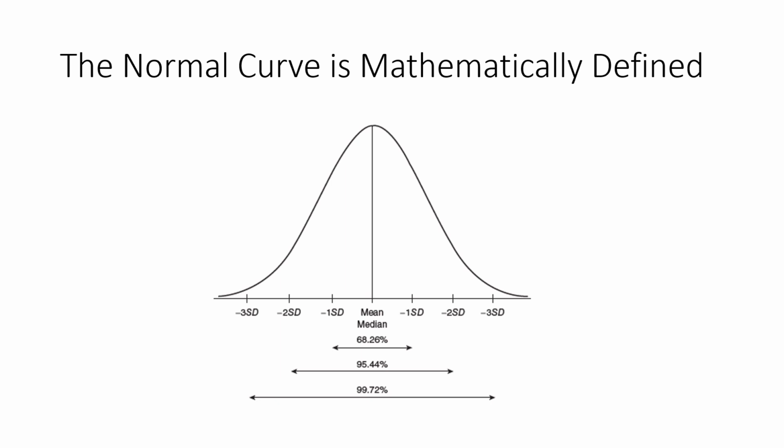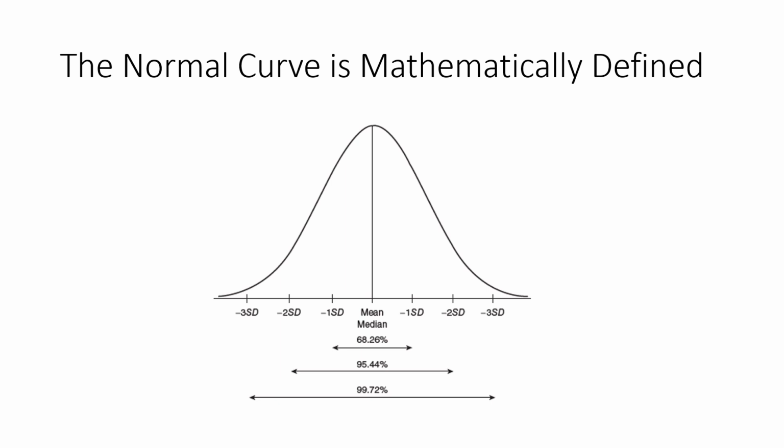And you can see here, if you look at the 3 arrowed lines at the bottom of this distribution, that we understand geographically and mathematically that 68.26% of cases in a perfectly normally distributed variable will fall within -1 standard deviation and +1 standard deviation.